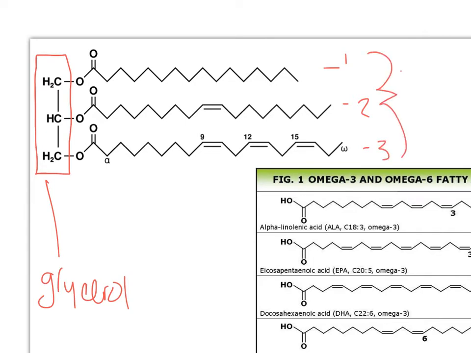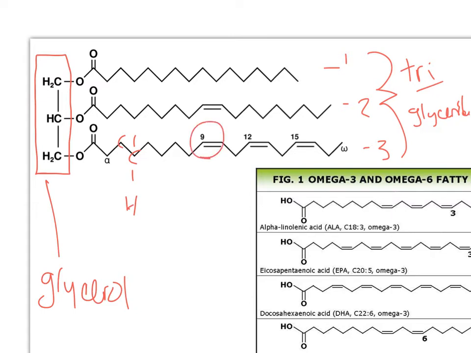And because there's 3, we call this a triglyceride. Now this looks a little bit different. Remember, these are all carbons, and these would actually have hydrogens on them as well. This is a really shorthand description.